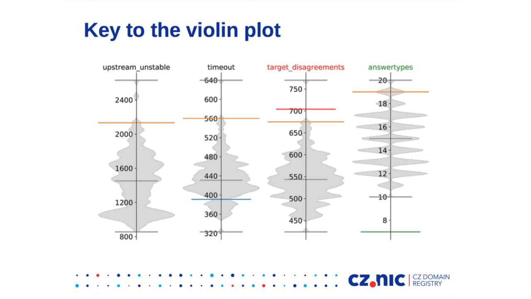The second column from the left has one thing added, and that's the blue line somewhere around 400. The blue line indicates the value obtained in this test run.